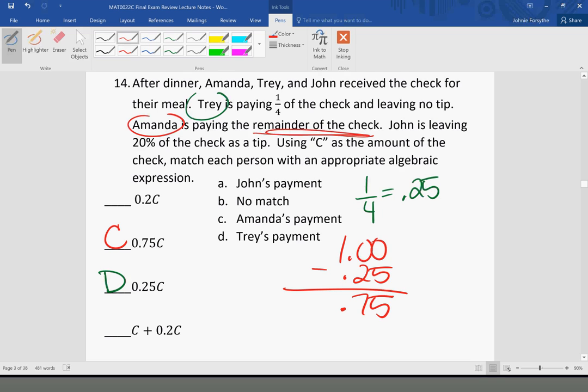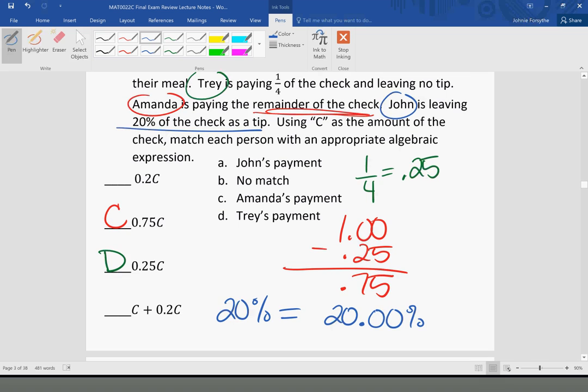And then John is leaving 20% of the check as a tip. So we're going to change 20% to a decimal. We're going to move it 2 places to the left. So that's going to equal 0.2 as a decimal.